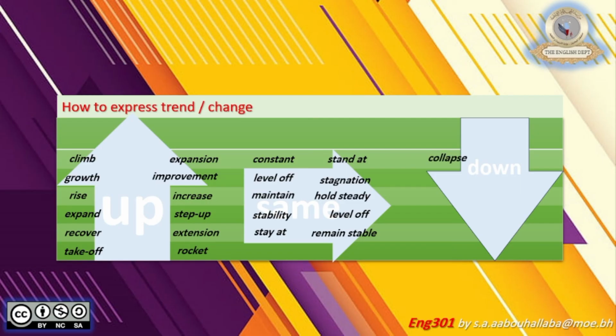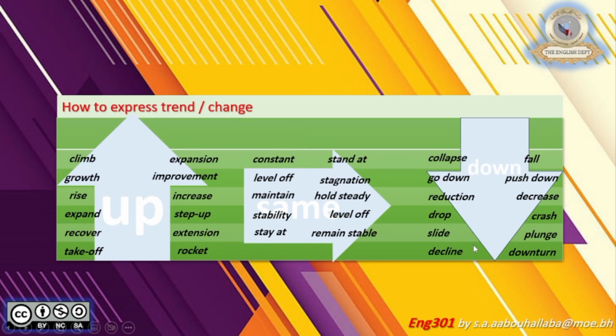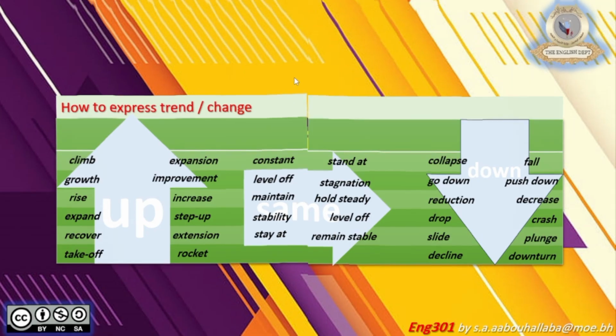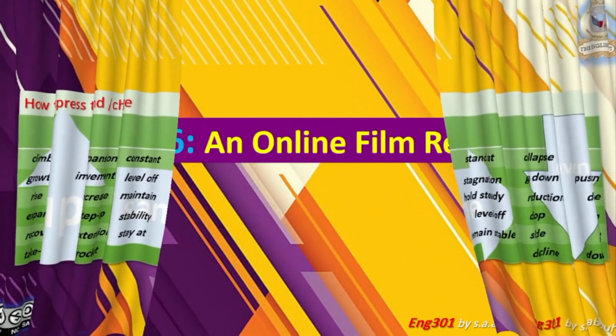So we can use collapse, fall, go down, push down, reduction, decrease, drop, crash, slide, plunge, decline, and downturn. So here we have all the vocabulary that are useful to express a trend, whether it is an uptrend, a downtrend, or it is no change, it is the same. Again, you can pause and note down all these useful vocabulary.